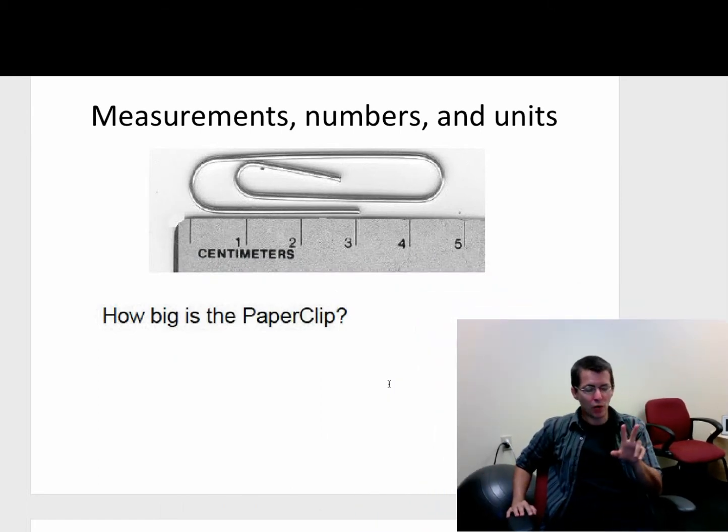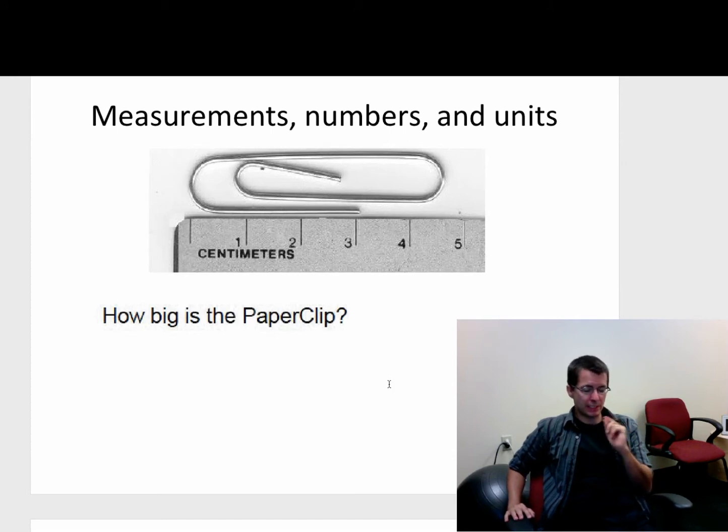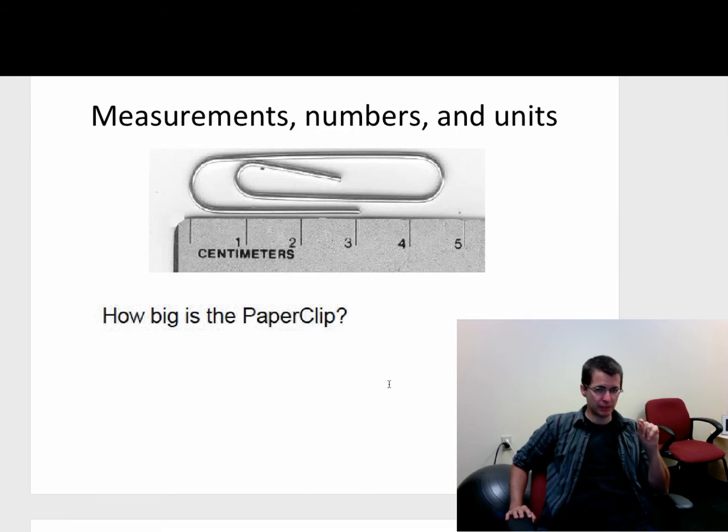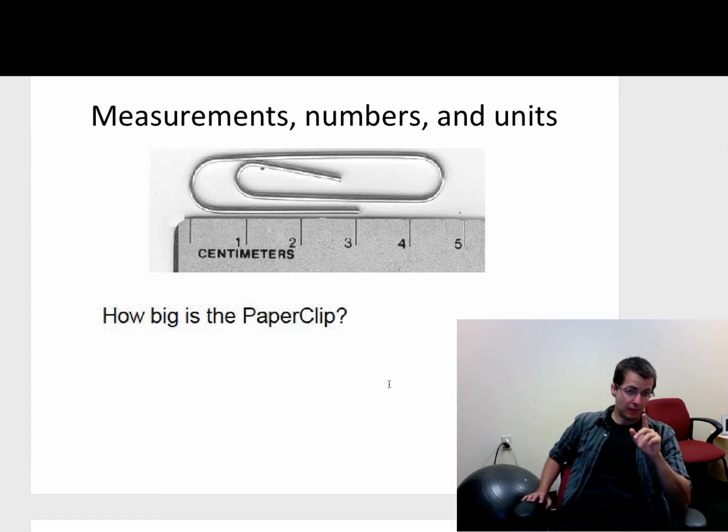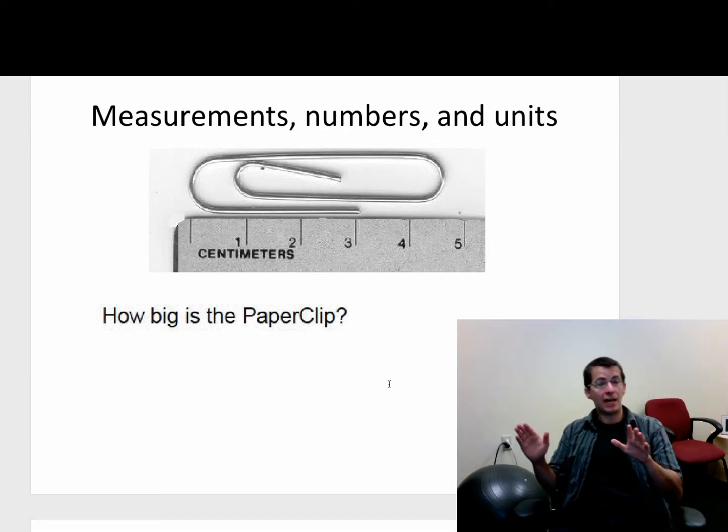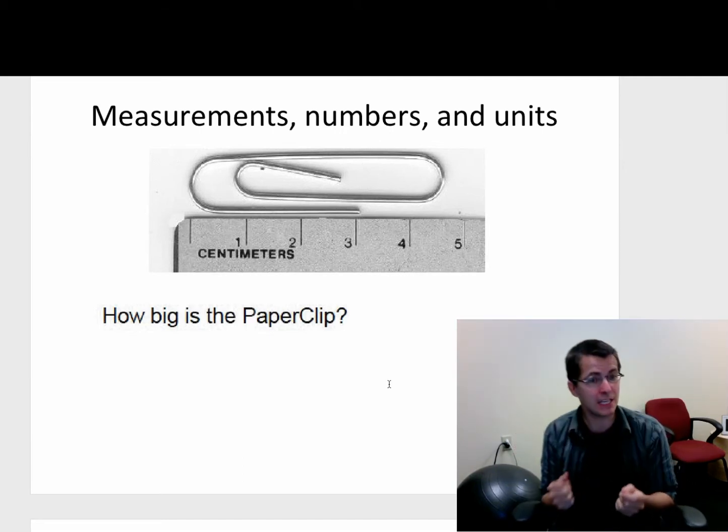So, two problems here. First, there's two different things we deal with when we deal with a measurement. When we deal with any measurement, we have to deal with the scale we're measuring it against. So looking at that, we can see that the paperclip is somewhere between 4 and 5 centimeters large. That we can say for sure.